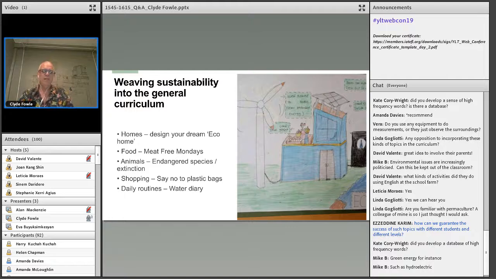Okay. Well, I didn't really develop a database, but obviously, like with any topic, as an umbrella theme there's key vocabulary that students need to understand in terms of sustainability, like green, environmentally friendly, reducing, recycling, these kinds of words.